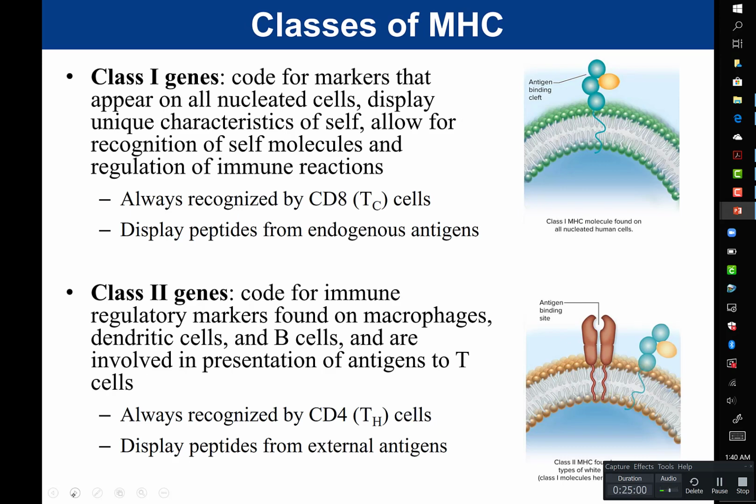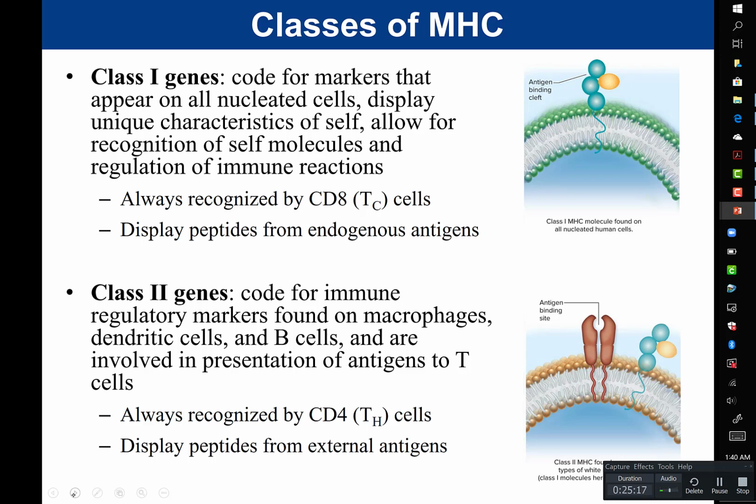So when we talk about MHC, these can be divided into two major classes. Class 1 MHC, what we call MHC1. MHC1 genes code for markers that appear on all nucleated cells.